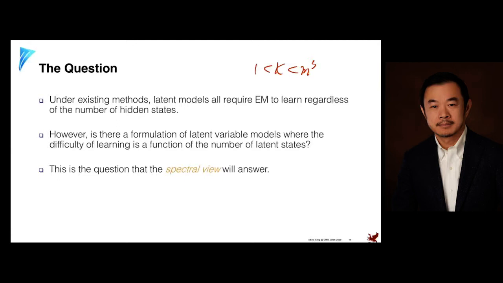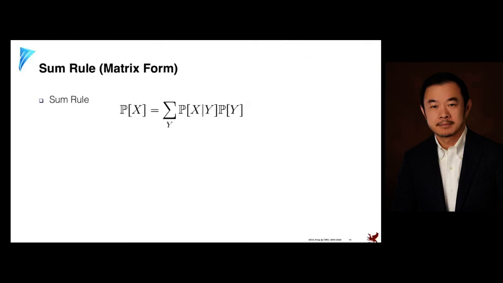And that leads to an alternative view, which is called the spectrum view. Before we go to the spectrum view, let's mention briefly some of the algebraic expressions we are going to use down the road, where the linear algebraic rules will correspond to the probabilistic operations that we talked about before.